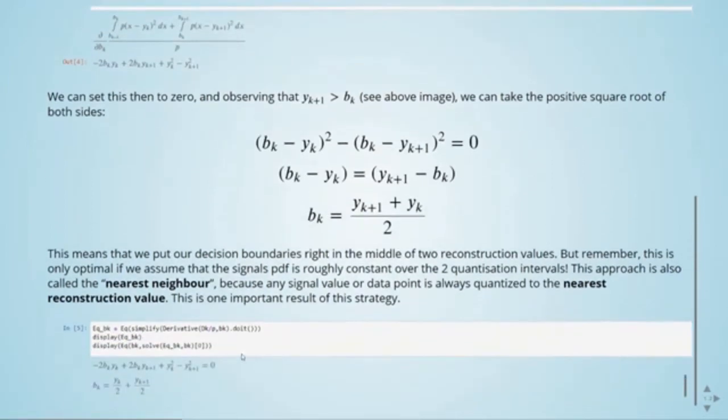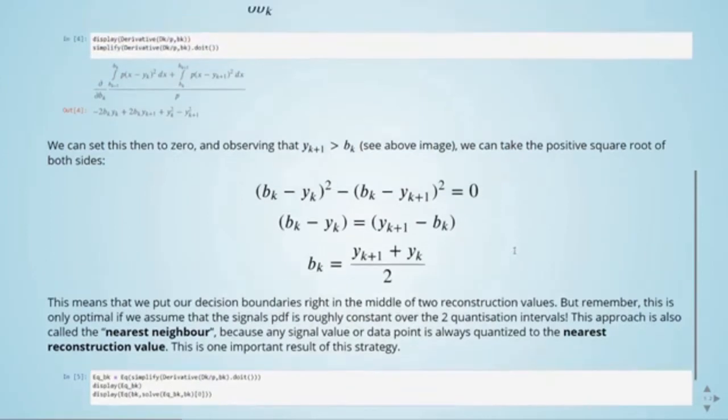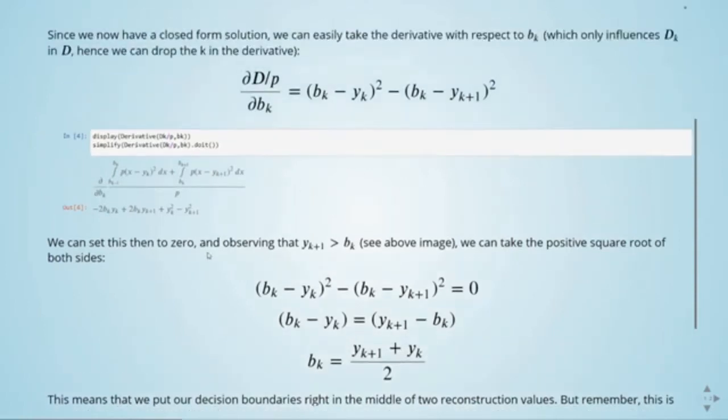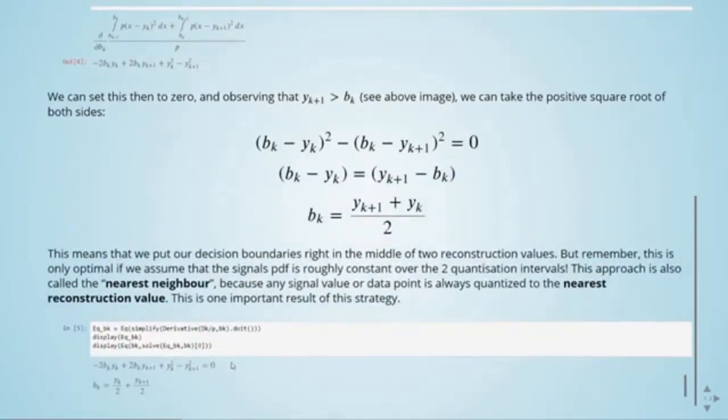So what we are doing now using SymPy is to have here the derivative of the distortion with respect to b of k, and we're setting this to 0. When we solve, we have y of k divided by 2, this is the reconstruction value index k, plus y of k plus 1 divided by 2, this is the reconstruction value k plus 1.